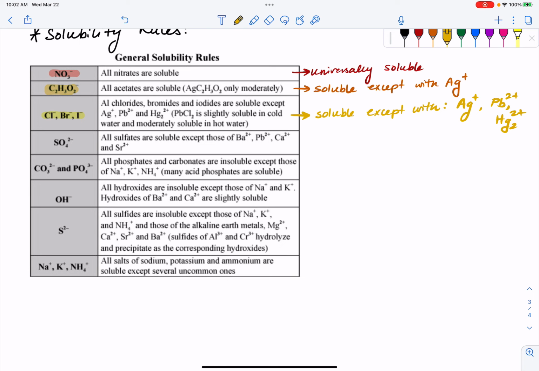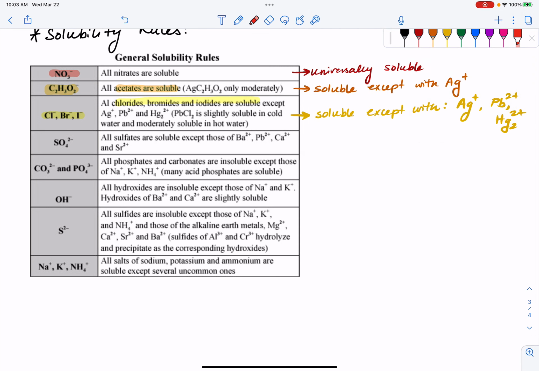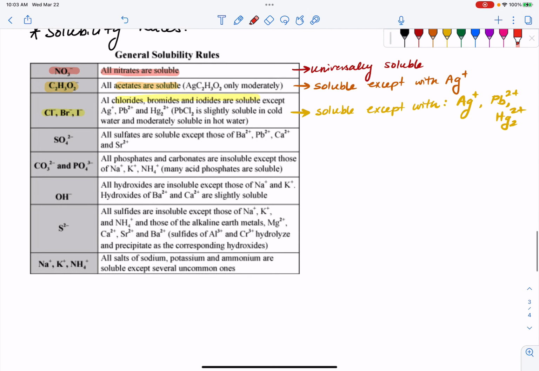Those will couple with chlorine, bromine, and iodine to form insoluble products. So these are the exceptions. So chlorides, bromides, and iodides are soluble. Acetates are soluble with one exception. And then all nitrates are soluble.